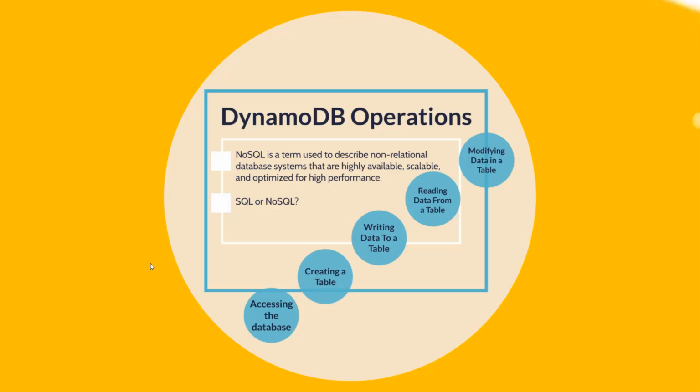This describes the common database tasks, comparing and contrasting SQL statements with their equivalent DynamoDB operations. NoSQL is a term used to describe non-relational database systems that are highly available, scalable, and optimized for high performance. Instead of the relational model, NoSQL databases like Amazon DynamoDB use alternate models for data management, such as key value pairs or document storage. Now we will see SQL or NoSQL.